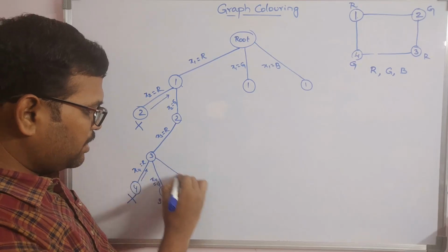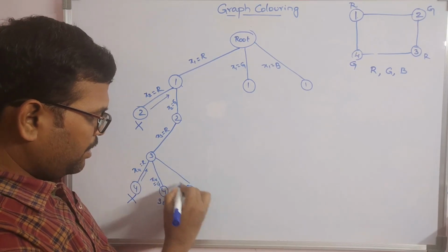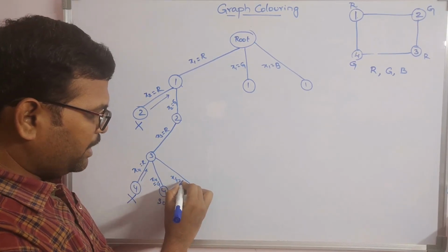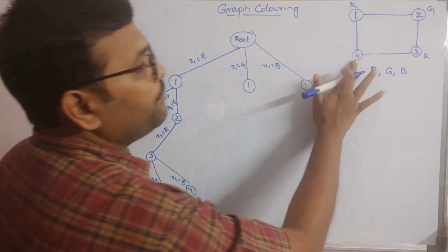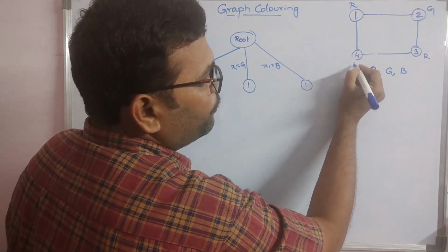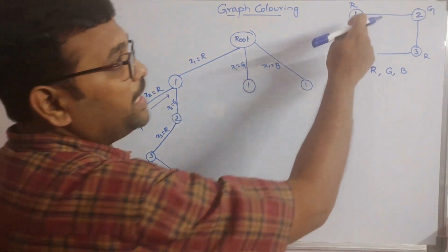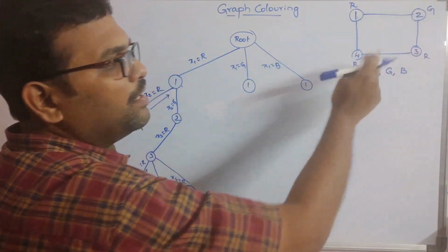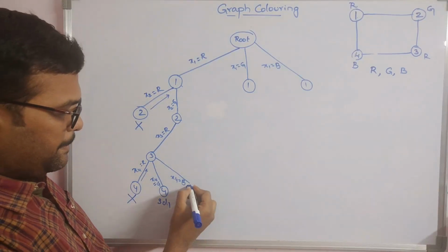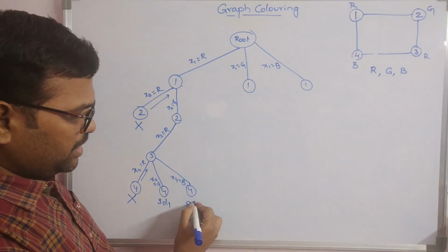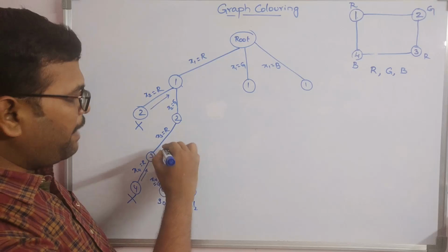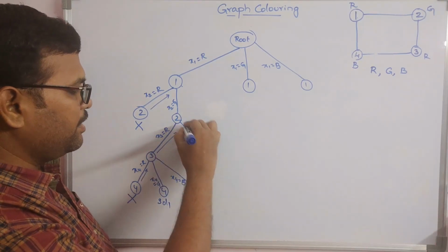So next possibility. If x4 is filled with blue, that means the fourth region is filled with blue. This is also possible because adjacent nodes 1 and 3 are filled with R, so 4 can be filled with blue. Yes, so this is the second solution. Backtrack, move with the alternate.